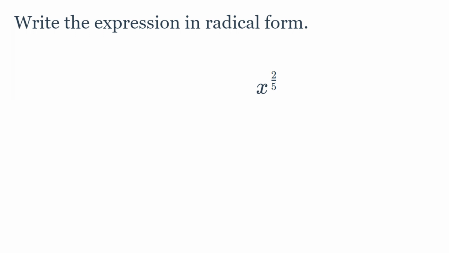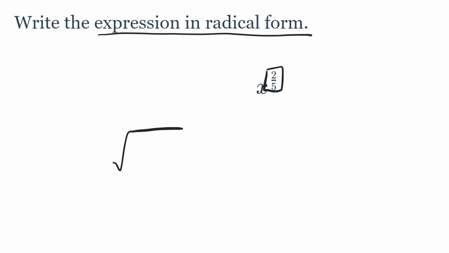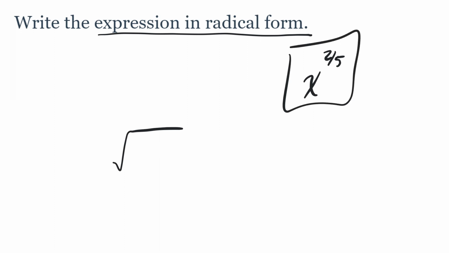And we can work this the other way as well. This one we're going to write the expression in radical form. Well, this is a fractional exponent. This is x to the 2/5 power. This would look like this. That graphic looks a little bit off, but that's what it would actually look like. There it is.